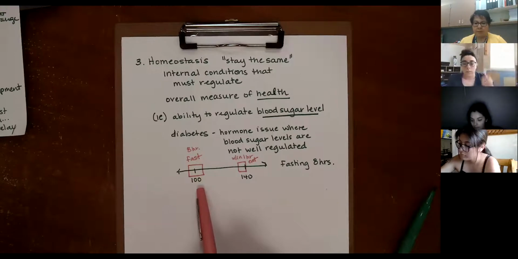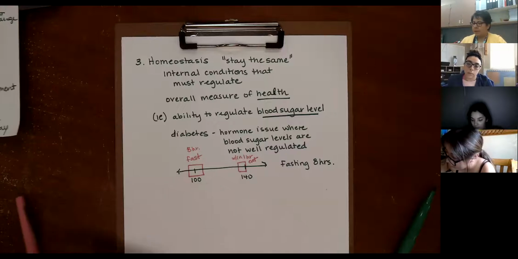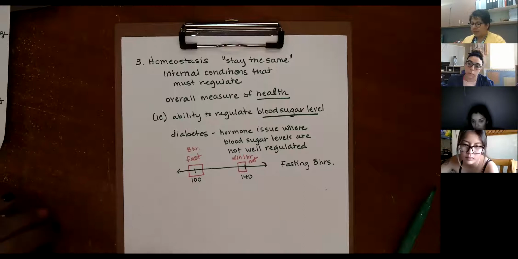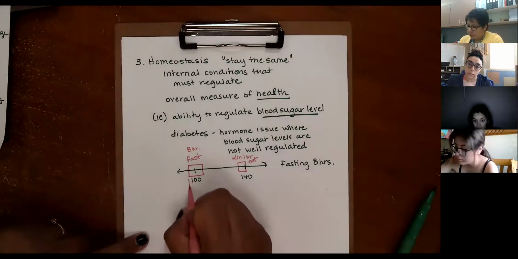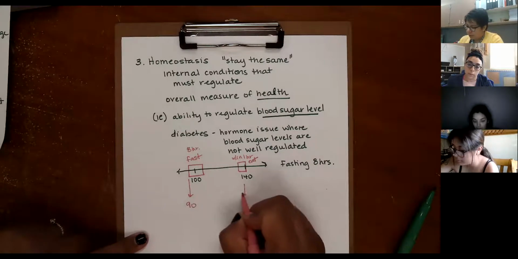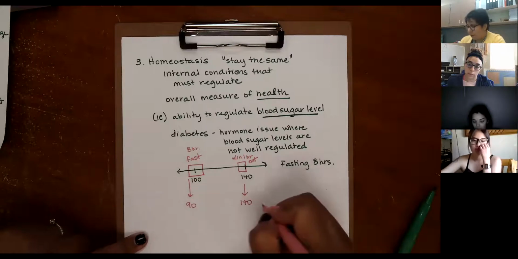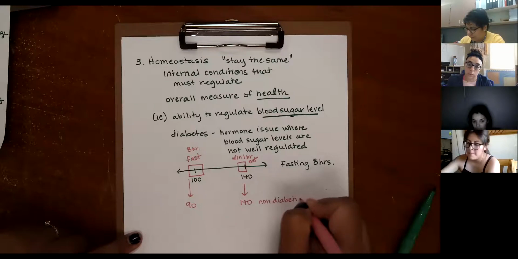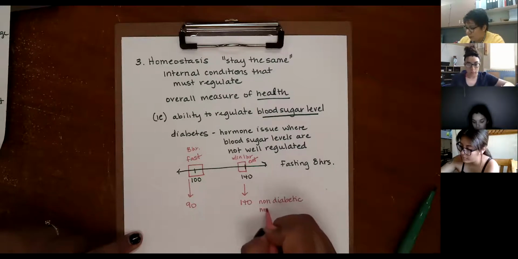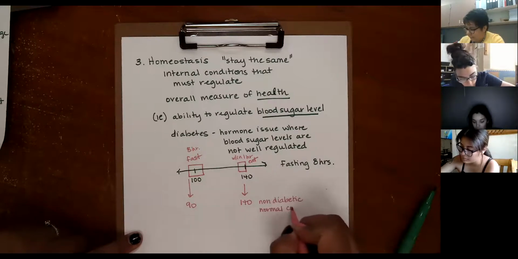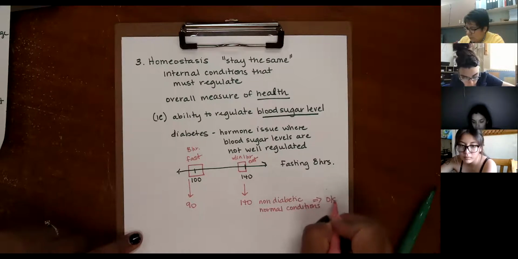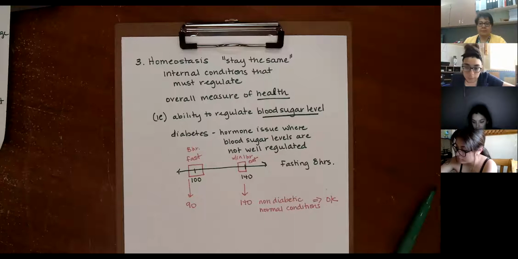But for the person who is diabetic, these numbers are not within an acceptable range. So this 90 to 140 for a non-diabetic under normal conditions is totally okay.